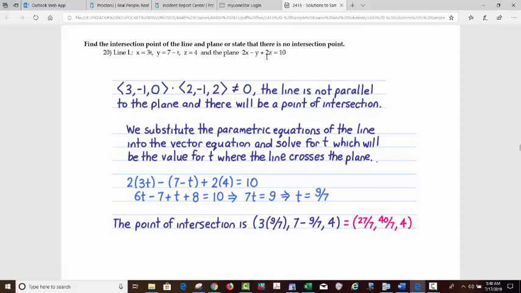I'll do it real quick verbally. 2 times 27 over 7 is 54 over 7, minus 40 over 7, which is 14 over 7, which happens to be 2. And then 4z, so 2 plus 2 times 4, 2 plus 8 is 10.